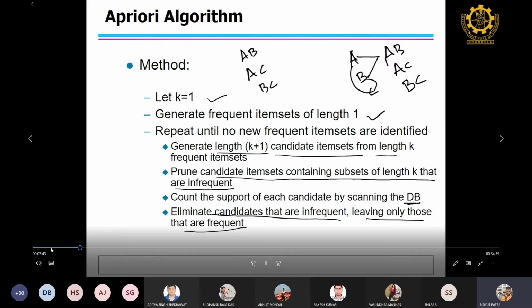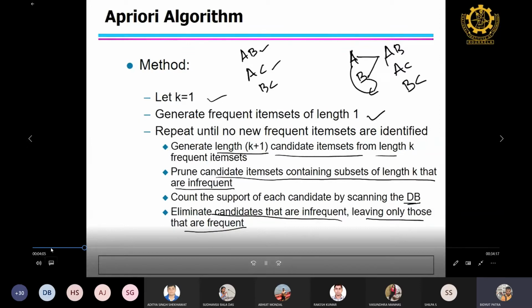Now we'll merge two frequent item sets of length k to form the k plus 1 candidate item sets. So that is, generate the length k plus 1 candidate item sets from length k. We can merge in many ways. One easy way to avoid duplicates is to merge AB and AC.